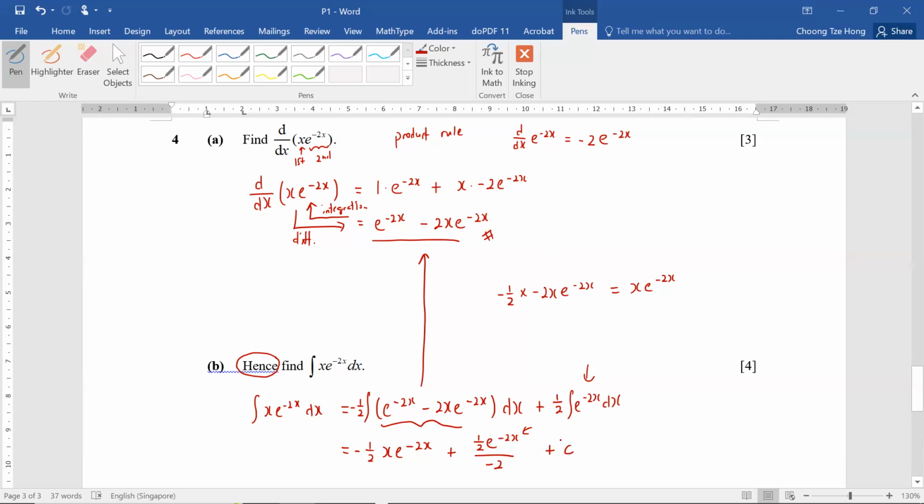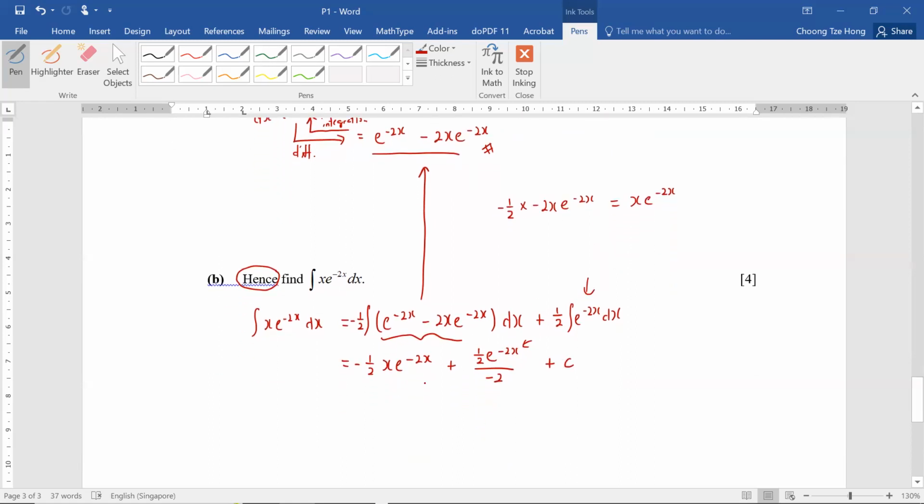Then add the constant c for an indefinite integral. The final answer will then be negative half x e to the power of negative 2x. Then half divided by negative 2, you will get negative 1/4 e to the power of negative 2x plus c.